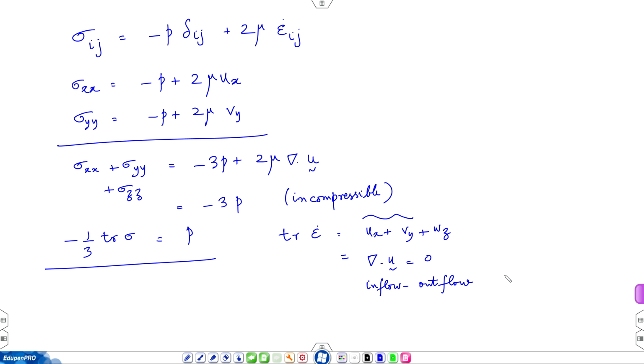So, what happened to the correlation between pressure and the difference between inflow and outflow? What does it mean? The pressure should have a linear relationship with del dot u, but del dot u is 0 for the incompressible fluid. So, what happened to the cause-effect relationship between pressure and the difference in the volumetric flow rates?